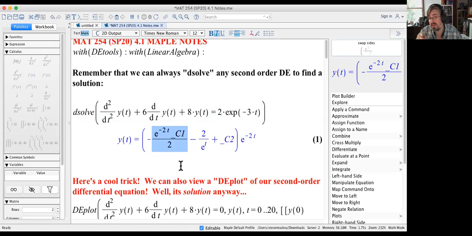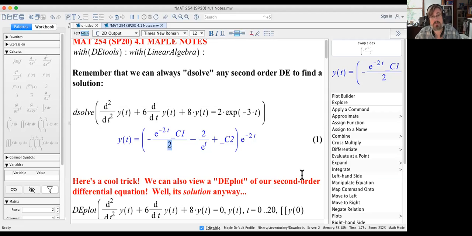I will note that there's something weird going on there with an extra constant sitting in there, like a -1/2. The reason it's there is because the method that Maple uses to find that general solution is actually the other method that everybody loves from chapter 1, the integrating factor method.